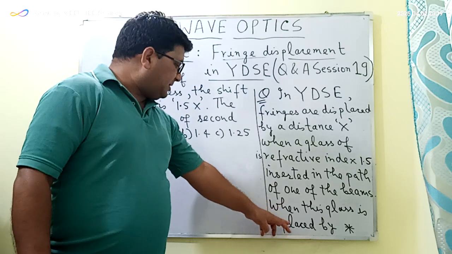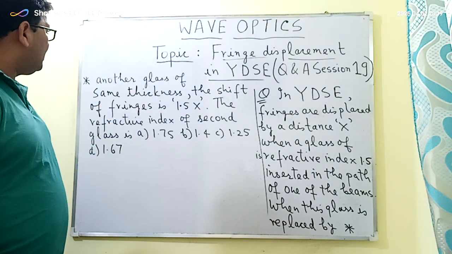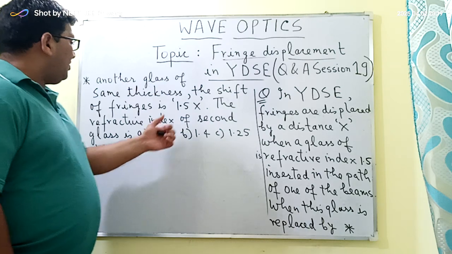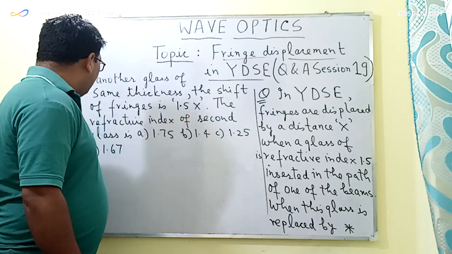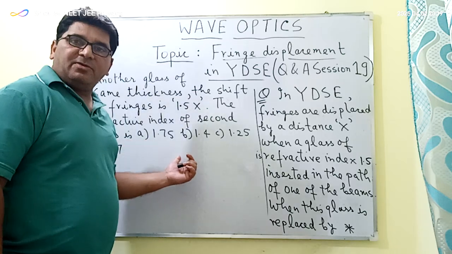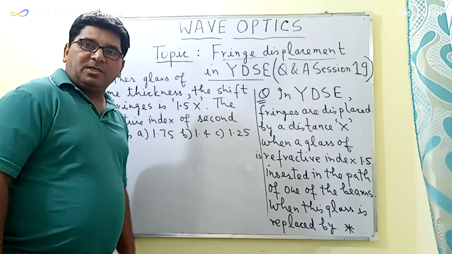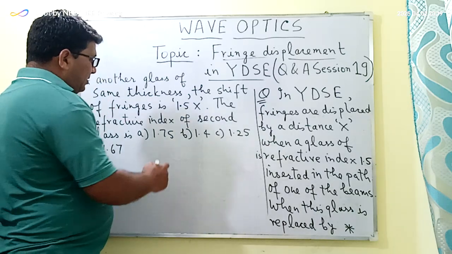When this glass is replaced by another glass of the same thickness, the shift of the fringes is equal to 1.5x. So the refractive index of the second glass is, and we have been given 4 options, and the correct option is to be found out.